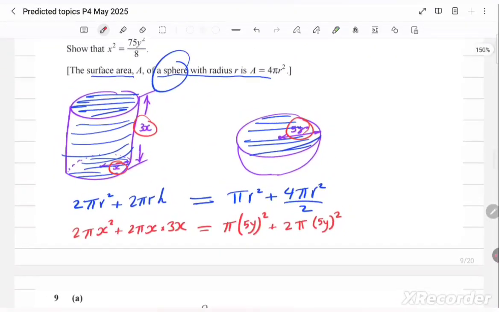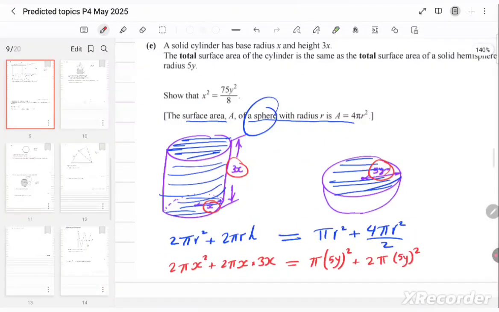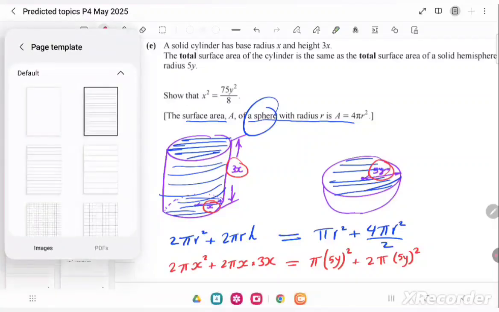Now let's simplify this. I think we need to add one more page.